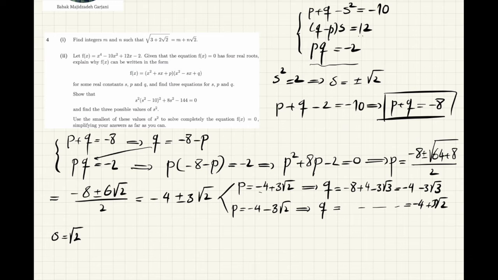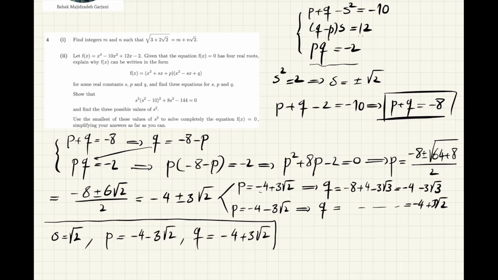If I choose this first one, q is smaller than p, so that is not acceptable. I have to choose this one. So if I choose s equal to square root of 2, then p has to be -4 minus 3 square root of 2, and q has to be equal to that one. Yes. Okay, now I have everything ready.